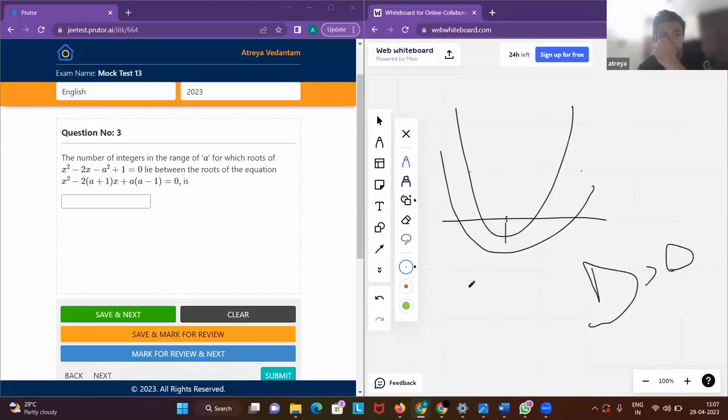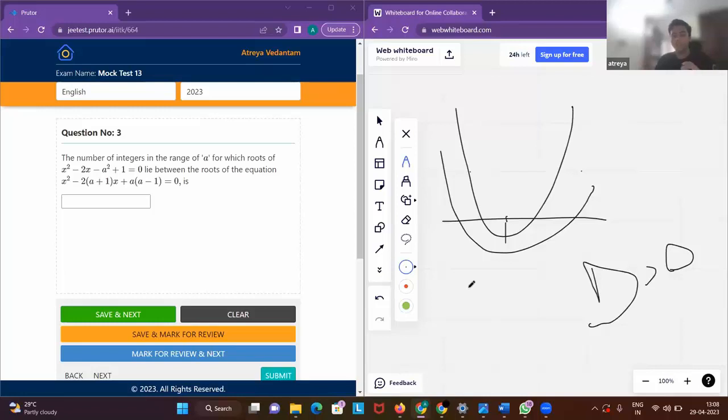So let's first carefully observe the second equation. If you observe the second equation, you find that it is x squared minus 2x plus, okay, minus 2ax plus a squared minus a is equal to 0, right? The first equation is x squared minus 2x minus a squared plus 1 is 0.